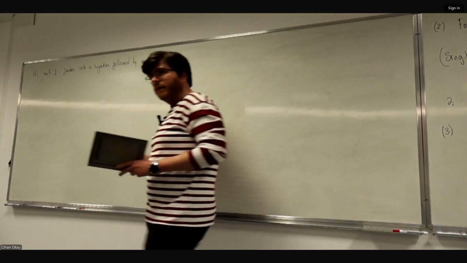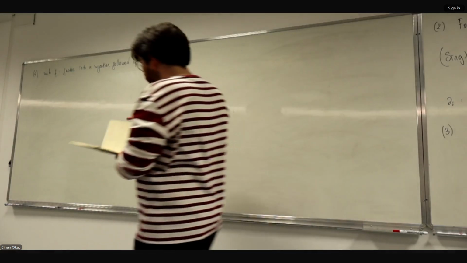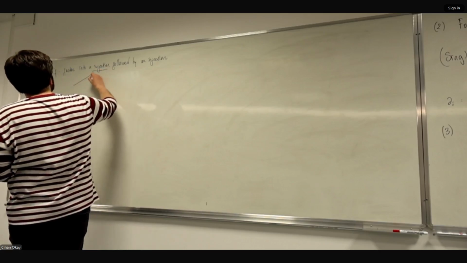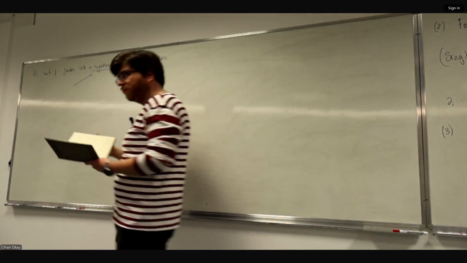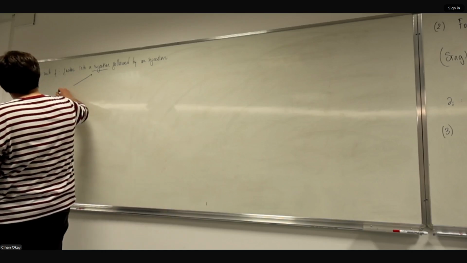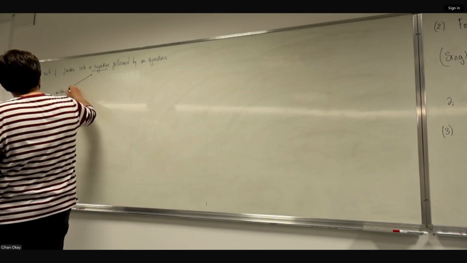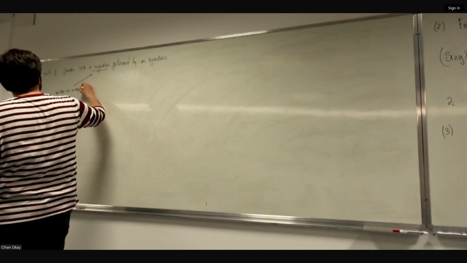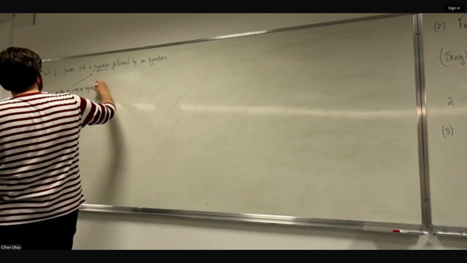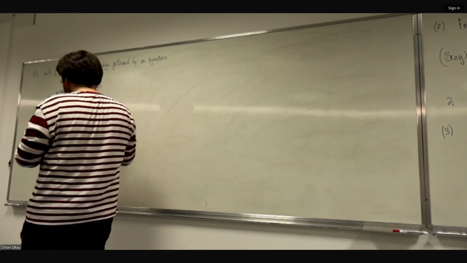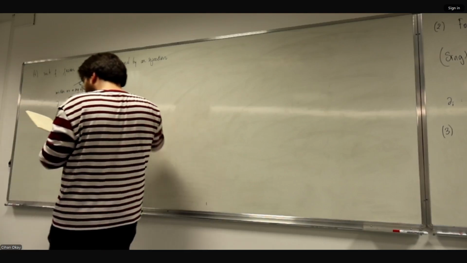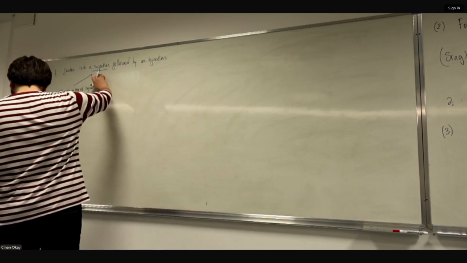And if you have a surjection, you can always factor these surjections, you can write them as a sequence of what we call codegeneracy maps.